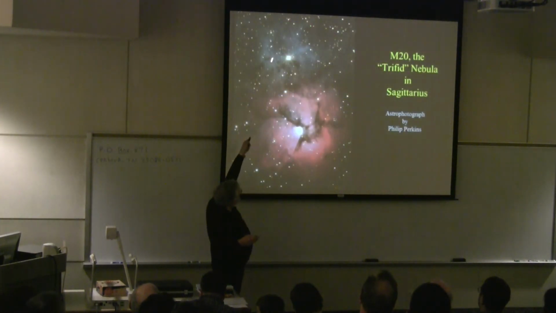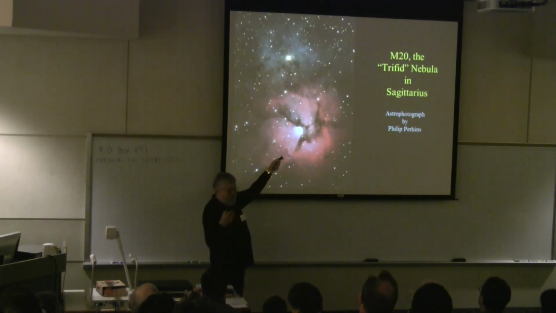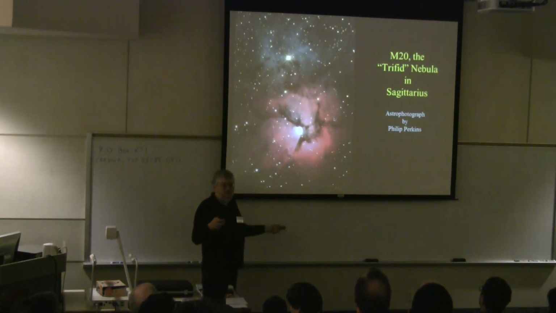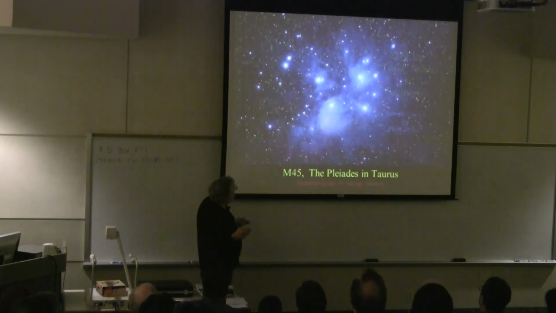This part of the Trifid is what we're talking about now, up here. You can see that's a brand new star, and it's a very hot blue one. It's relatively young, and even though you can't see its color because it's burnt into the film, you can see its light reflecting off the surrounding gas that's blue, and that tells us that it's a new star and it's a reflection nebula.